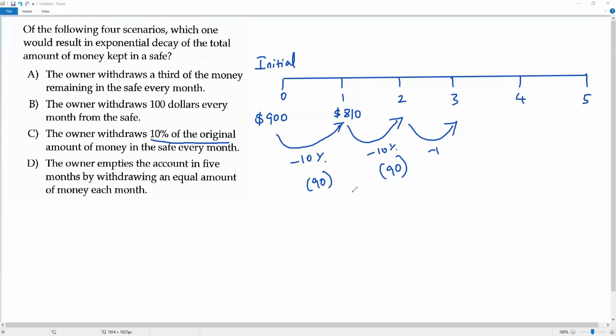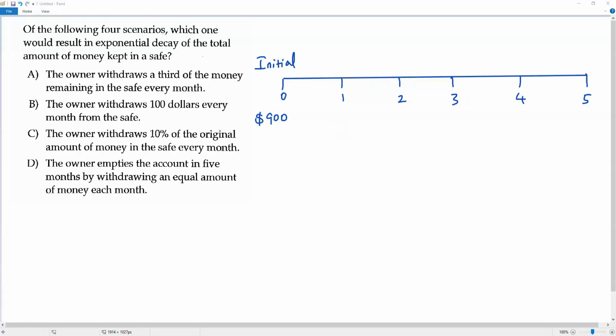Now let's go over option D. Initially we have $900. Option D says the owner empties the account in 5 months by withdrawing an equal amount of money. So we have to divide 900 by 5 to get how much he withdraws every month.